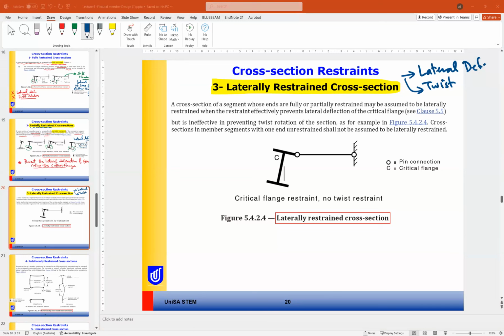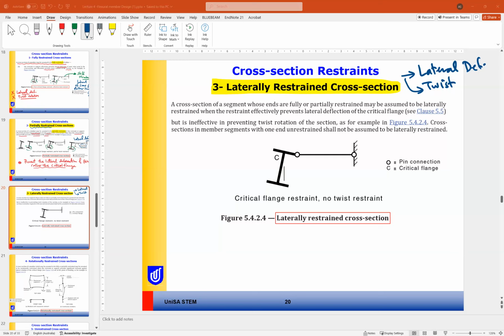We consider it as stiff because the purlin is supported by or is strengthened by the sheeting. Okay, thank you.